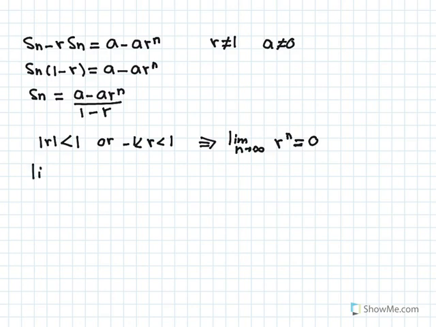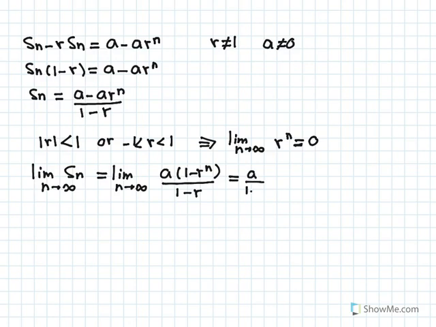So the limit of Sn as n goes to infinity is equal to the limit as n goes to infinity of a times 1 minus r to the n divided by 1 minus r. Let's factor out a over 1 minus r times the limit of 1 minus r to the n.